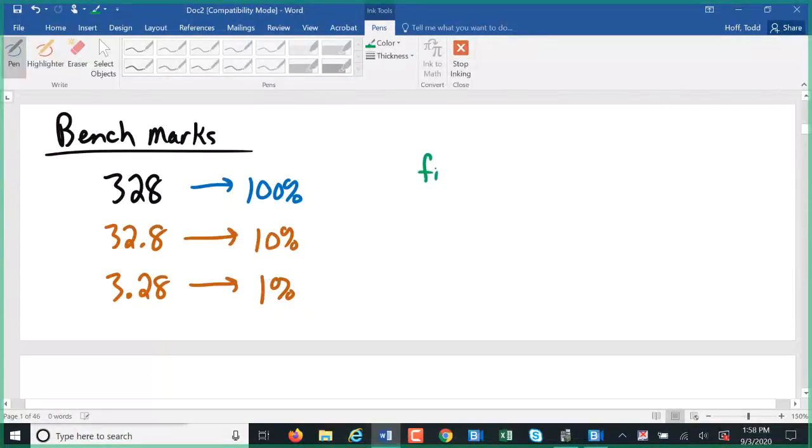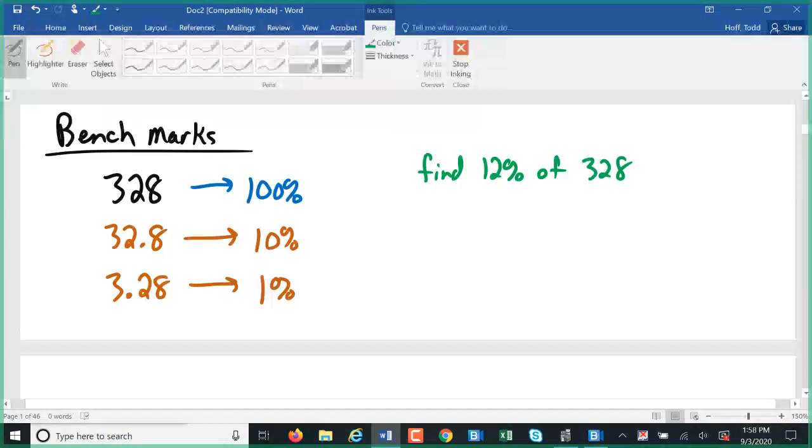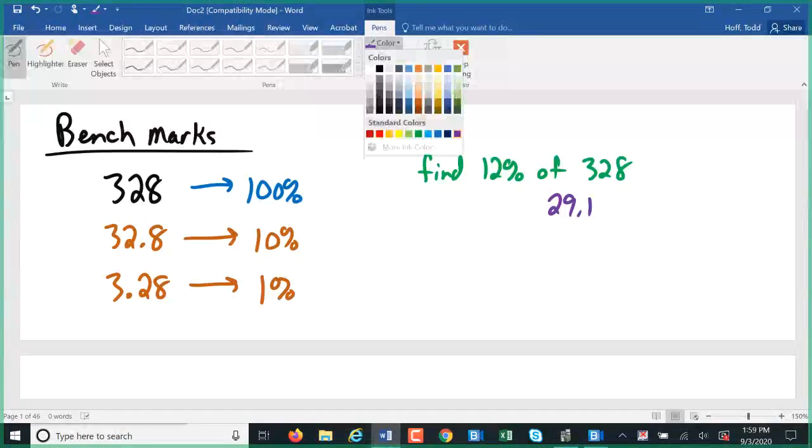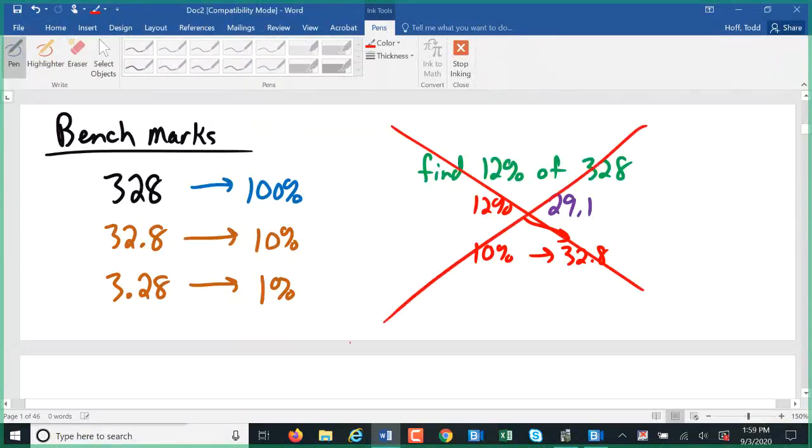If I ask you to find 12% of 328, and you come up with an answer like 29.1, you know that's not correct, because 10%, we just saw over here, is 32.8. 12% has to be larger than the 10%. Can't be smaller. So we know something went wrong in that calculation. So that is not correct.